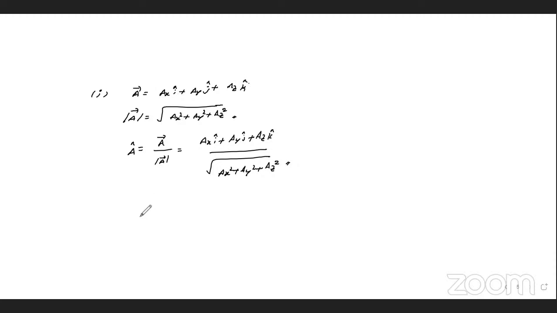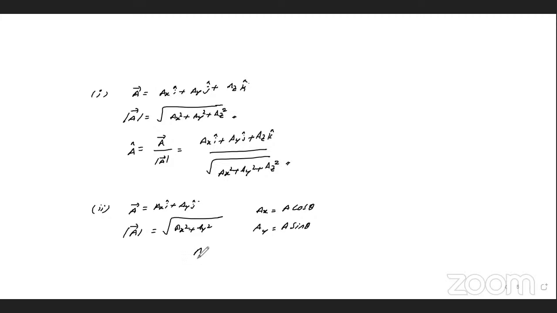Suppose there are only two, x axis and y axis, then what would the rectangular component relations and directions be? So a vector is equal to ax i cap plus ay j cap. Its magnitude, a is equal to root of ax square plus ay square. And for the angle theta, ax is equal to a cos theta and ay is equal to a sin theta. So to find its magnitude, a is equal to root of ax square plus ay square. And if you want its direction, we can specify the direction as a cap.